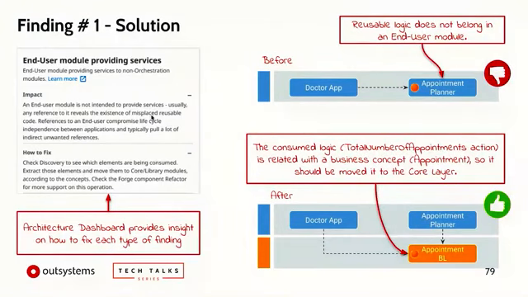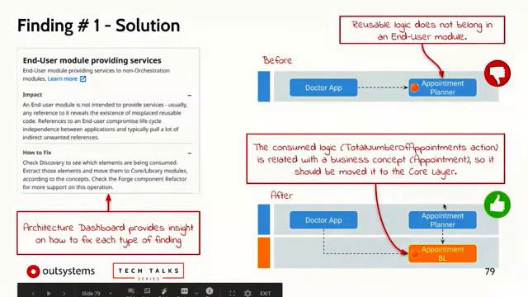So these are the insights that the architecture dashboard is providing to help you fix the problem. Once we understand the details of the dependencies, we see that there is some reusable logic that is being shared with the doctor app. The solution was to move the consumed logic, in this case the total number of appointments action, which is related with the appointment concept, to the appointment business logic.